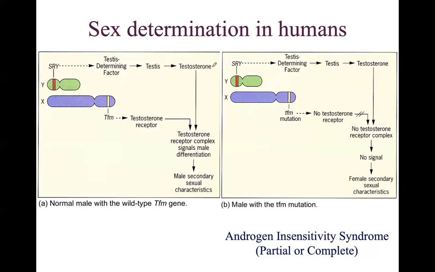But that cell may not care what I give it. The question is, does it have the receptor? It's like a lock and key. I can give you a key to an office, and as you're walking down the hallway, there might be 24 doors. That doesn't mean just because I gave you a key, you can just walk into any of the doors. Your key must match the doorknob. And if it does, you have that lock and key mechanism, in which case you activate the lock and you can open the door.